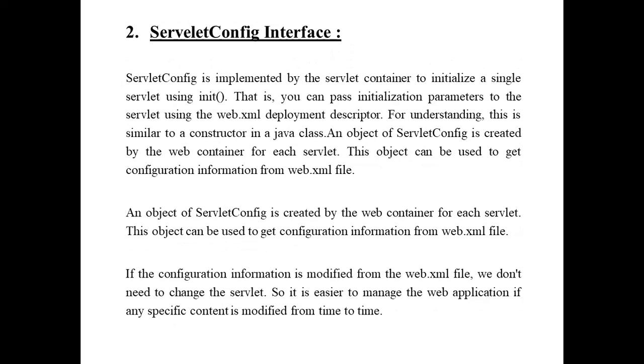Next, see the second interface, the ServletConfig interface. The ServletConfig is implemented by the servlet container to initialize a single servlet using the init method, and you can pass the initialization parameters to the servlet using the web.xml deployment descriptor. For understanding, this is similar to a constructor in a Java class.